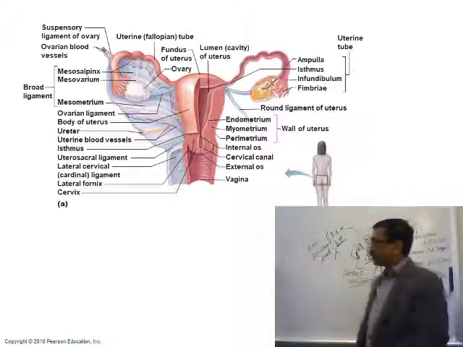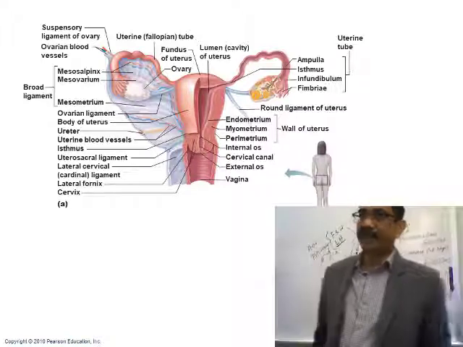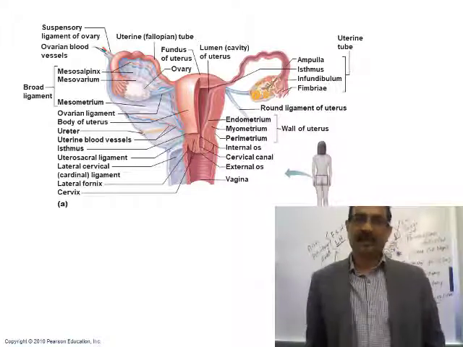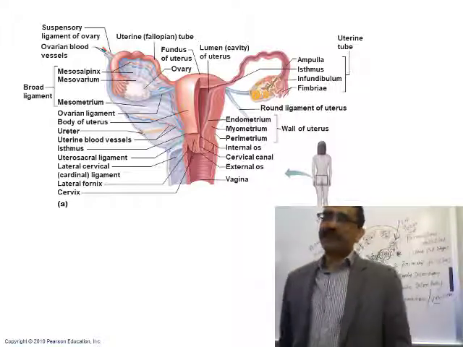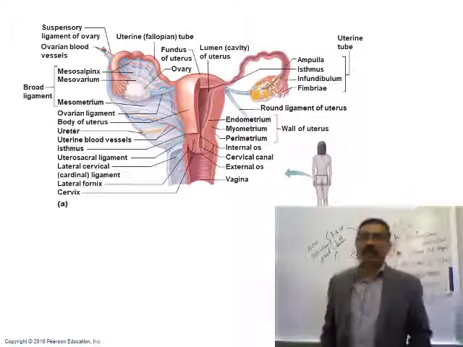Uterine tube or fallopian tube. The uterine tube has different parts. I mentioned before that one end is attached to the uterus. That's why it is called the uterine tube. And it has a free end. So it is like this.